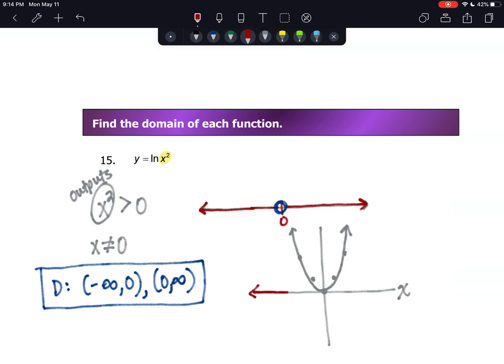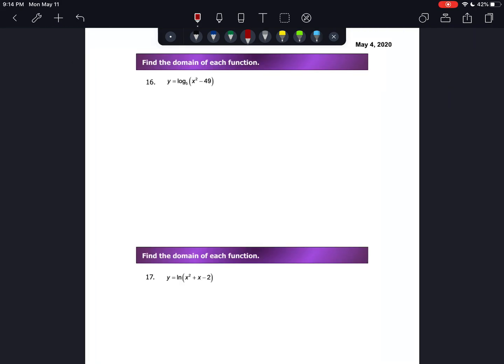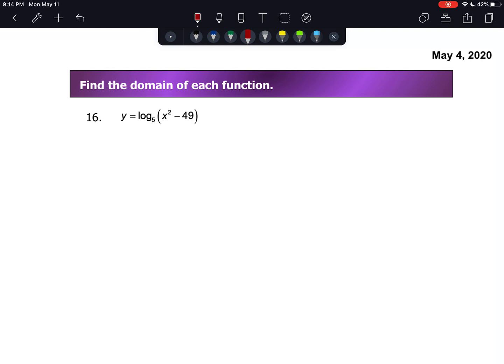If I put in any of these negative numbers, I get positive values out. Positive, positive, positive, positive. But if I put a 0 in, I don't get a positive out, I get a 0 out. But then once I hop over 0, I start getting positive values out again. So negative infinity to 0, and then 0 to infinity. So that's another way to look at it too, is graphically. I found that graphically is really helpful.